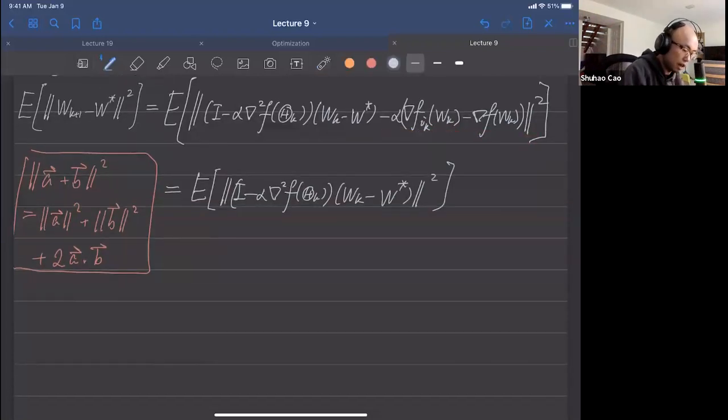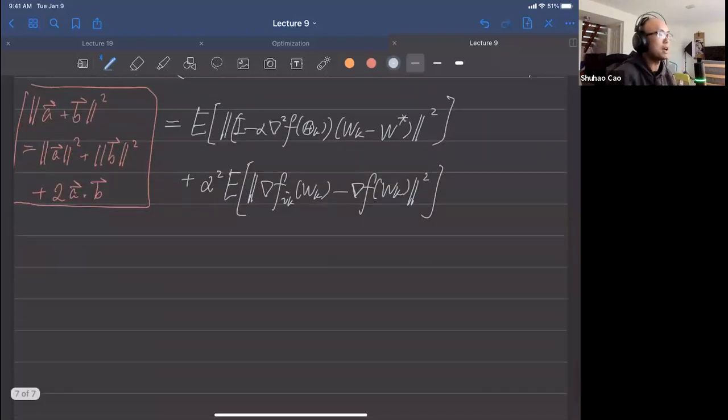Alpha is a fixed number. It has nothing to do with the stochasticity, and we can safely pull that out. So sorry, this is plus. It's going to be alpha square, and expectation of the gradient of Fik. So this is where the stochasticness comes from.